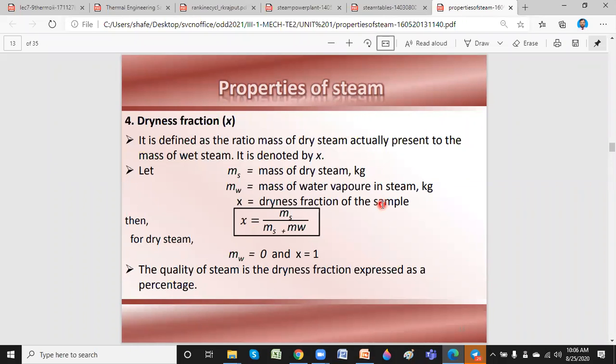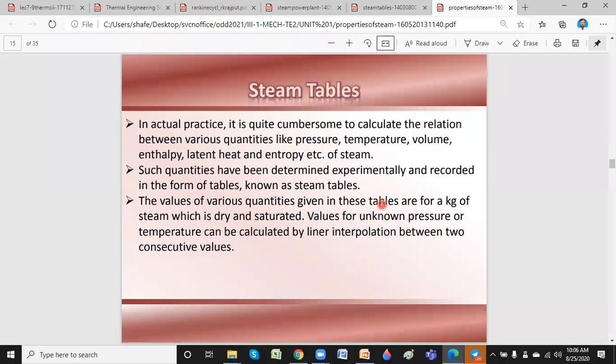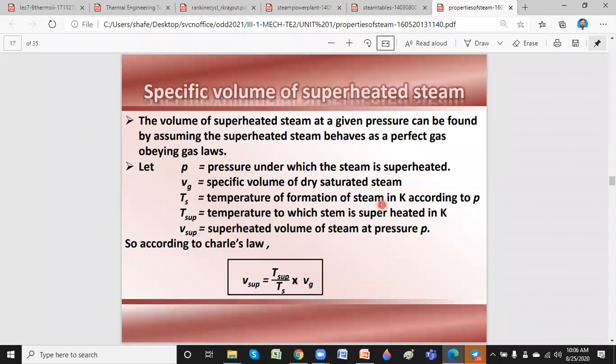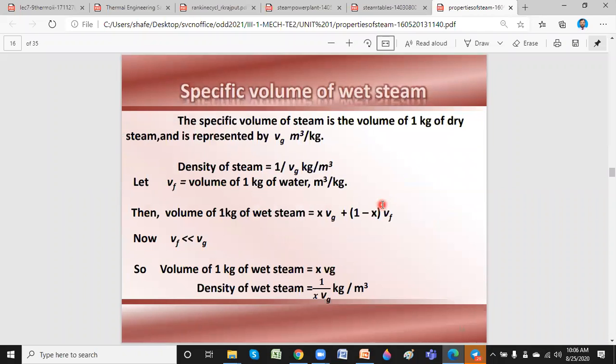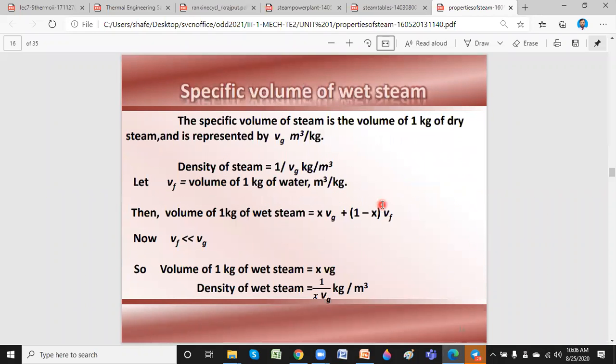I have to keep this in mind whenever I am dealing with the properties of wet steam. The superheated steam and all, I'll discuss afterwards. Volume and all, you don't have to worry. Whenever it's water, I can find Vf. Whenever it's steam or vapor, I can find Vg.